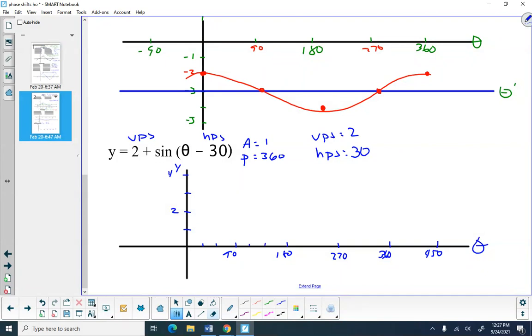Once again, you'll get better at this. First thing, vertical phase shift, we draw on our prime axis.